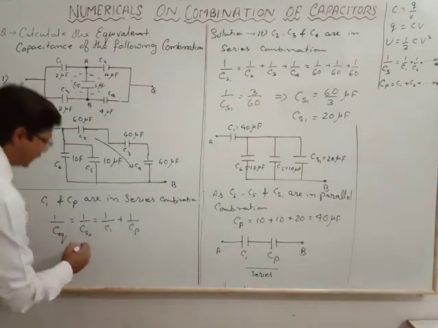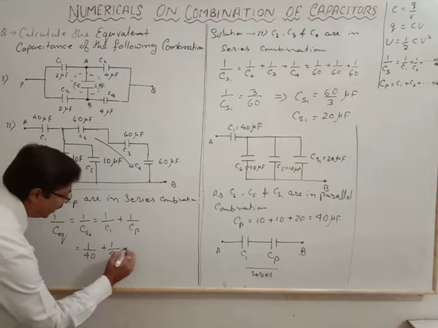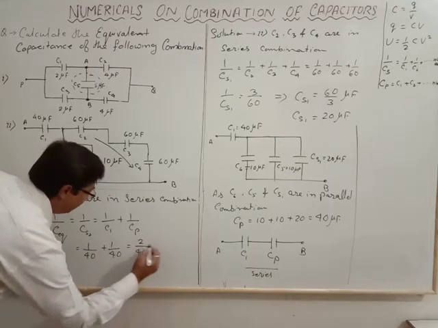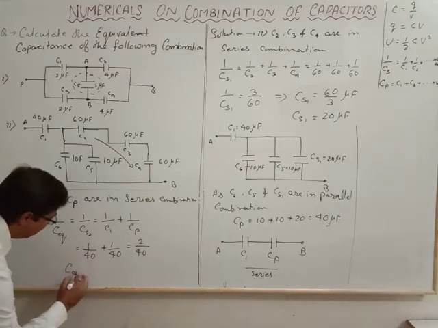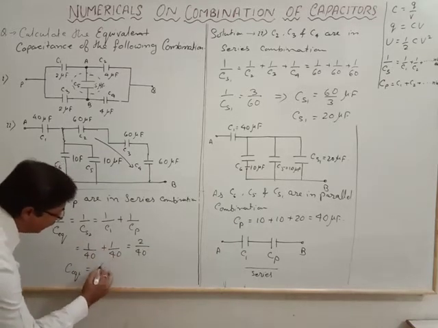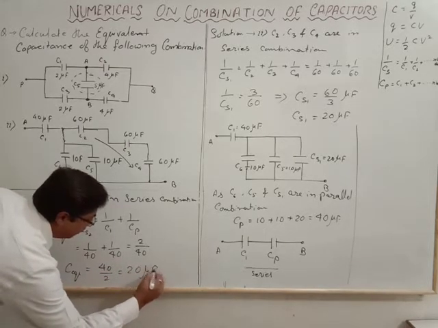So 1 by 40 plus 1 by 40, that is equal to 2 by 40. That means the C effective or net value of this combination is equal to 40 by 2, that is equal to 20 microfarad.